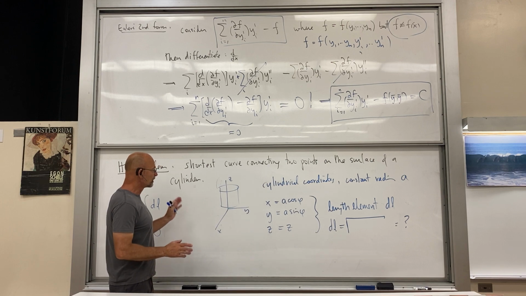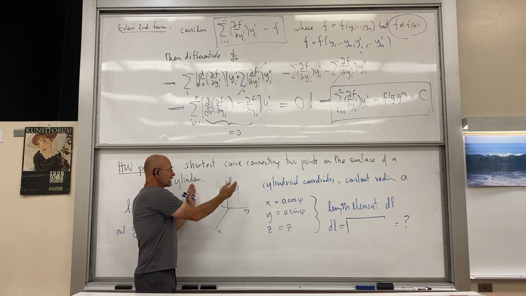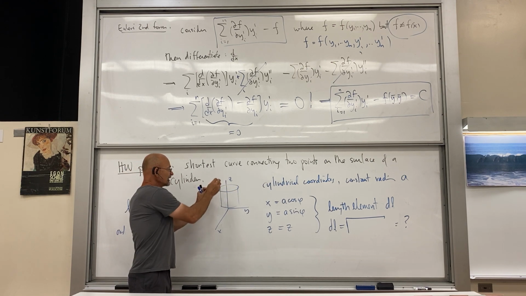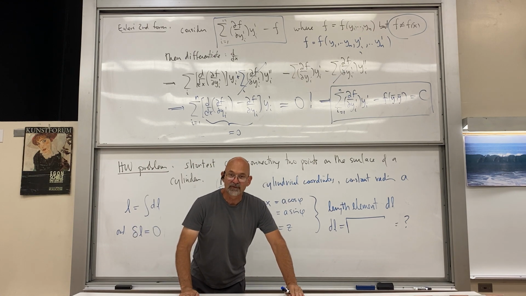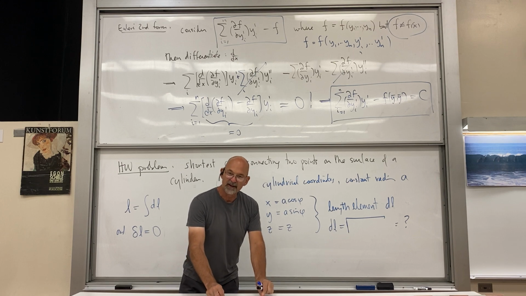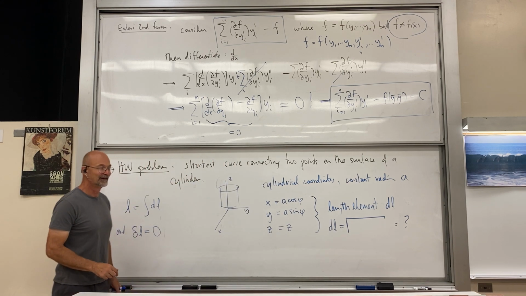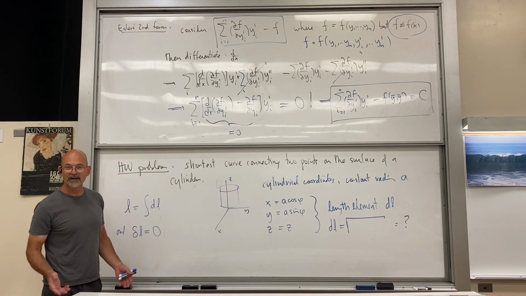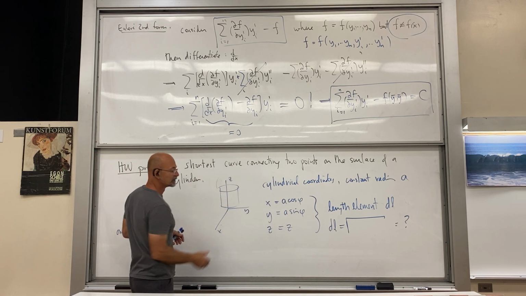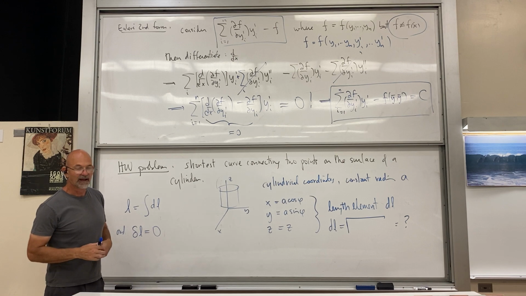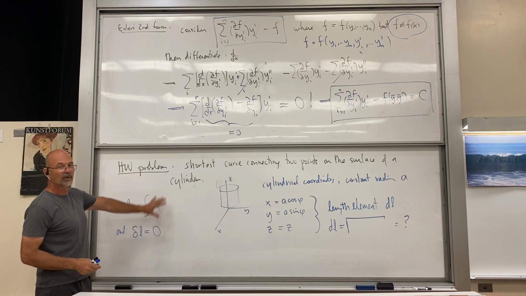If you have those 2 points on the cylinder, right, and you slit the cylinder open like a piece of paper and lay it out on a table, what's the shortest curve going to be connecting those 2 points? It's going to be a straight line, and a straight line wrapped up at an angle on a cylinder is a helix. But you want to prove that also with the formalism.